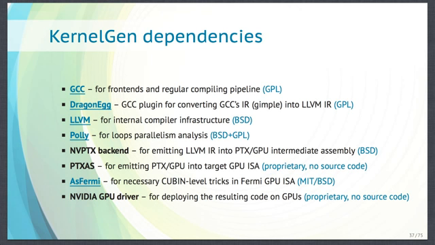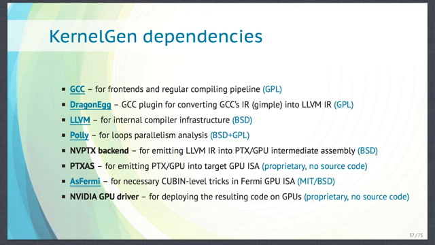So here, GCC and DragonEgg are used together to convert high-level languages like C and Fortran using GCC front-end into LLVM representation. LLVM optimization passes, polyhedral analysis for LLVM, and also our own runtime component are performing analysis and specialized LLVM IR code generation for GPUs.